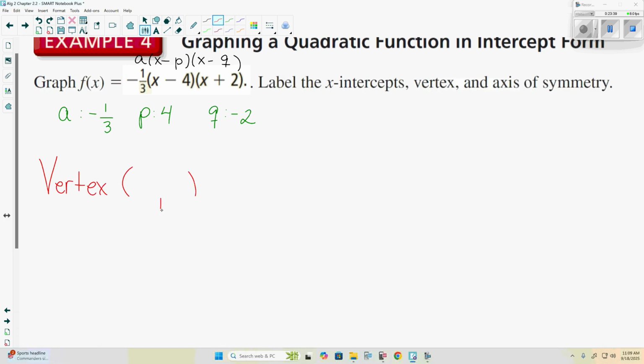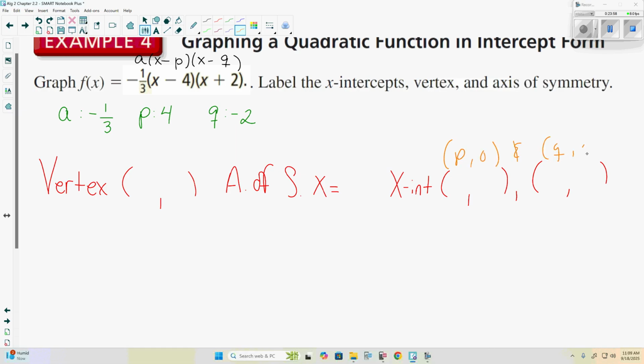Vertex. Axis of symmetry. And x-intercepts. All right.